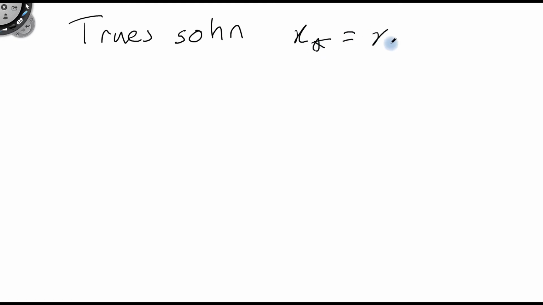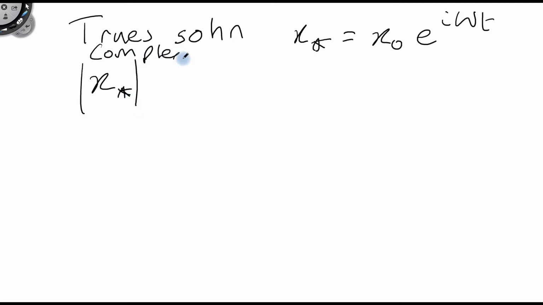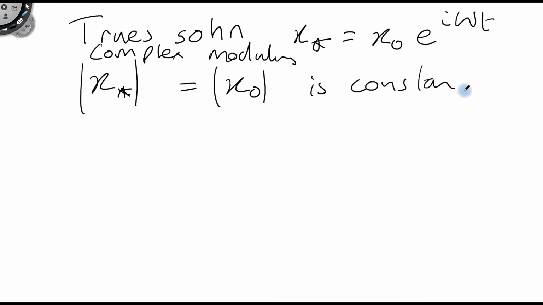Now the true solution, and I'm just going to drop the reals, is x star equals x naught e to the i omega t. And we know that the complex modulus of x star, which we derived last time, is x naught, a constant.